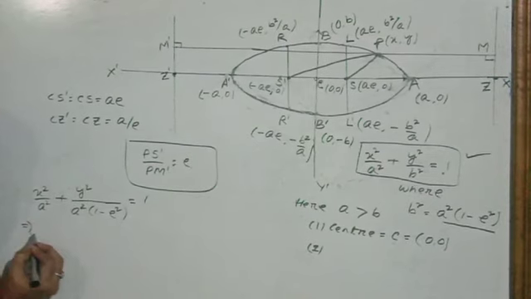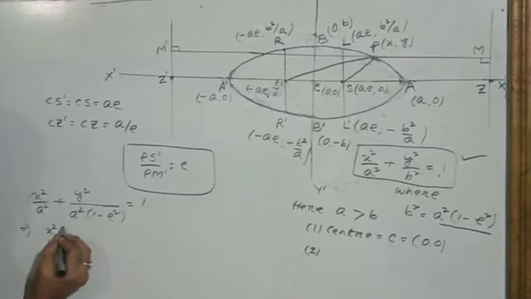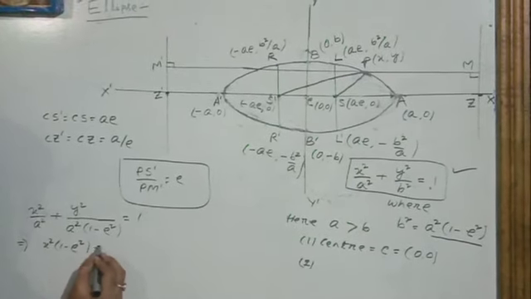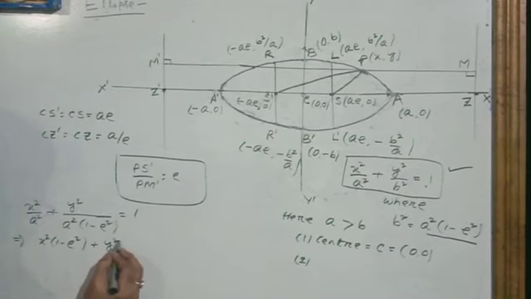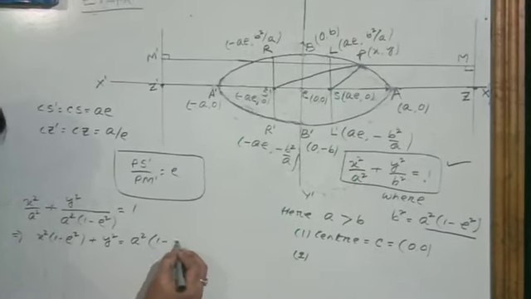On simplifying this thing we are getting that x square into 1 minus e square plus y square is equal to a square into 1 minus e square.